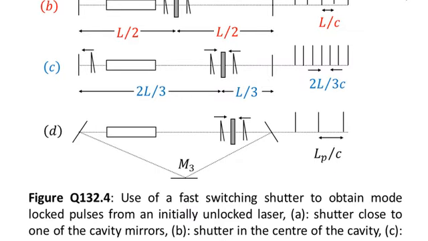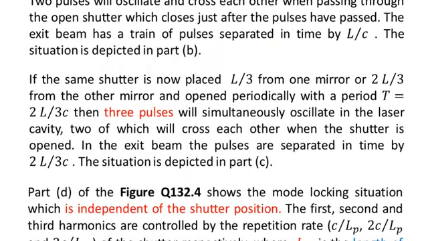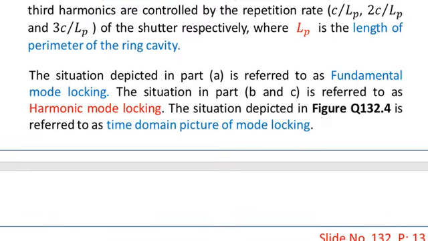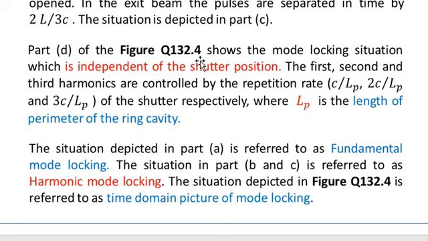Now we are going to discuss the case D. Part D of figure number 4 shows the mode locking situation, which is independent of the shutter position. You can place the shutter anywhere.